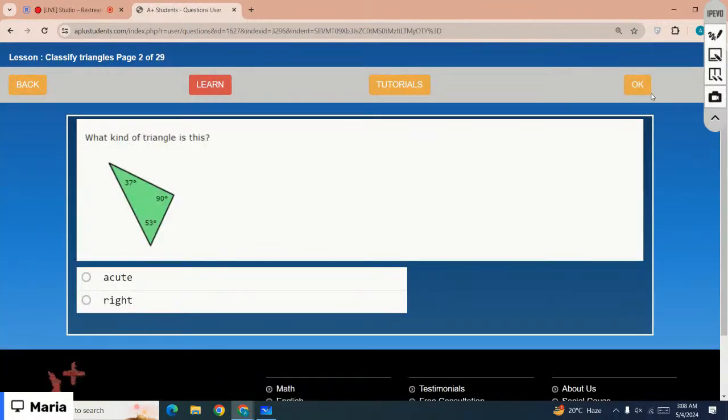What kind of triangle is this? Yes, right triangle it is, right? Because the angle is exactly 90 degrees, so that is a right angle triangle.